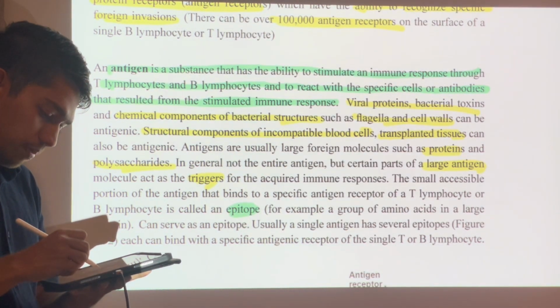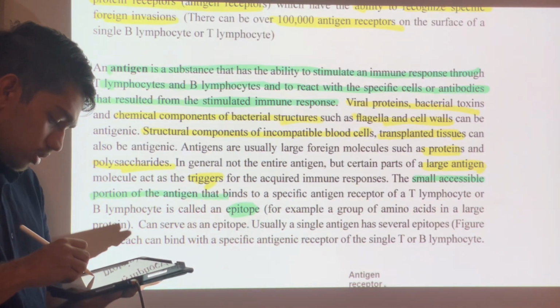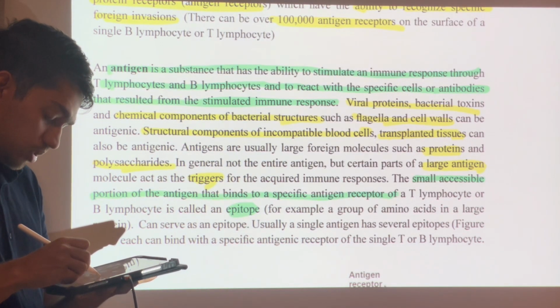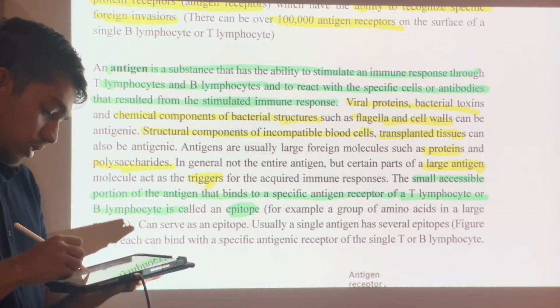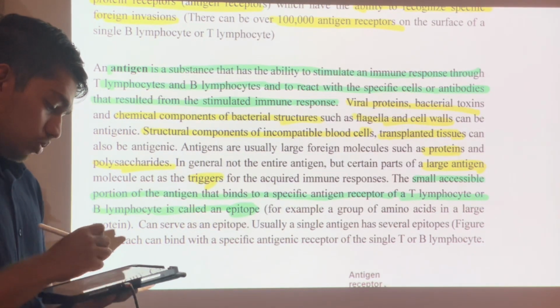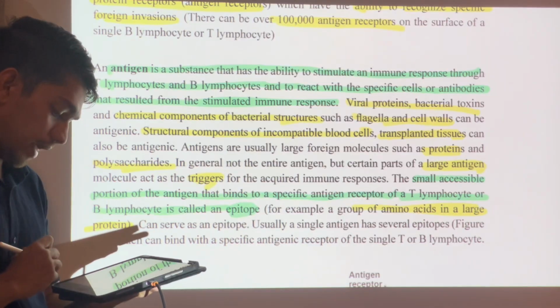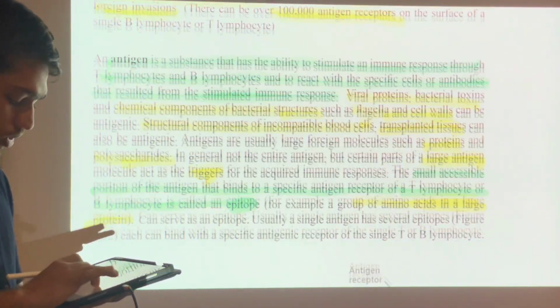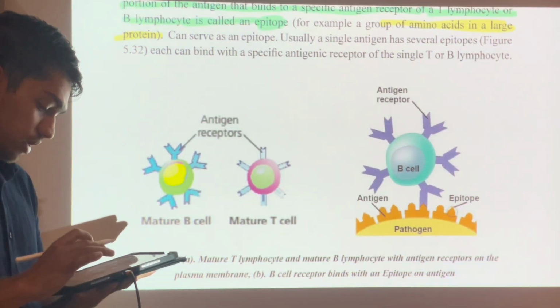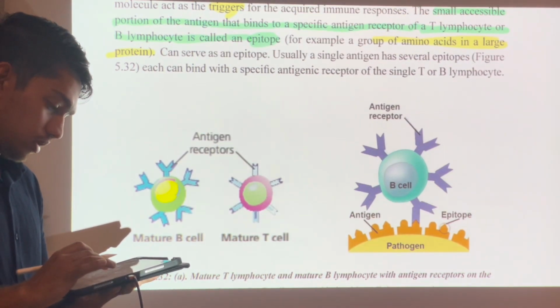The definition of an epitope is the small accessible portion of the antigen that binds to a specific antigen receptor of a T or B lymphocyte. The example they have given is a group of amino acids in a large protein can serve as an epitope. Usually a certain antigen has several epitopes, right?